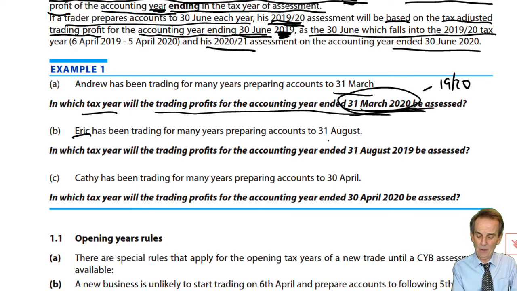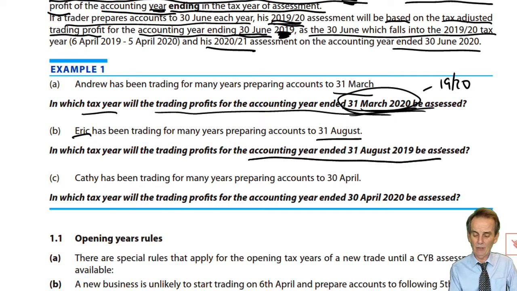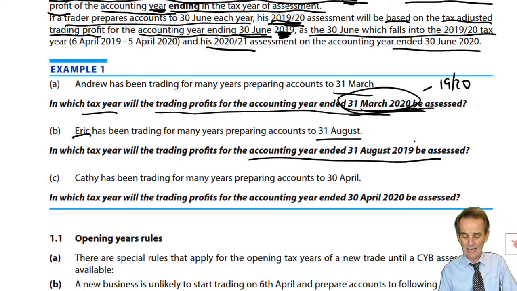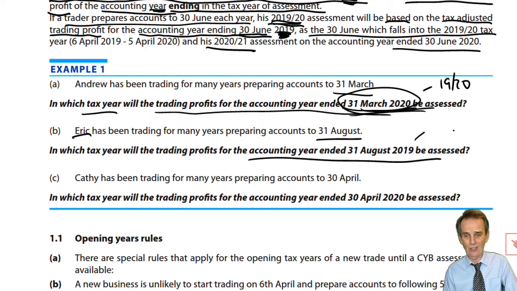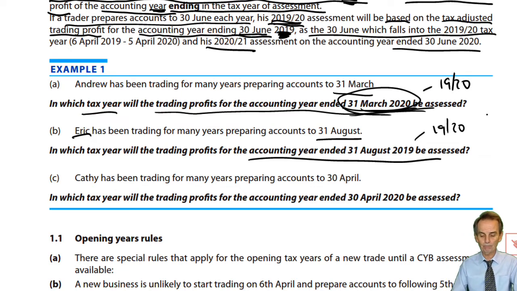Eric, on the other hand, prepares accounts to 31st of August and therefore has an accounting year ended 31st of August 19. So again, in which tax year does the 31st of August 19 end? It's again, obviously, the 1920 tax year.